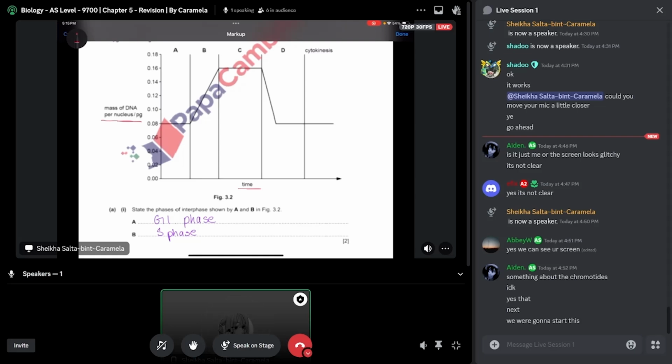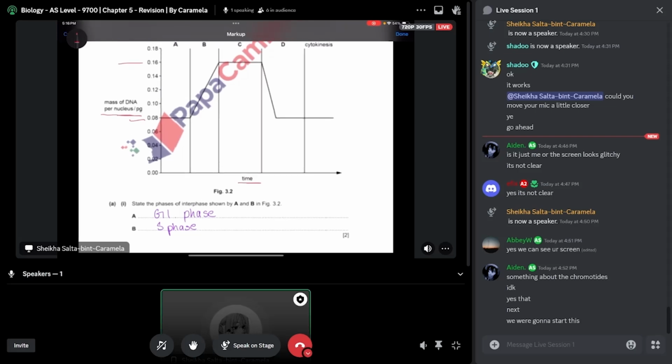Then in B you can see that the mass actually doubles, so 0.04 was its original mass, and then it increases to 0.08, which means it's double. Double means that the DNA has replicated, so two chromatids are formed. So this means that the cell is in S phase over here.